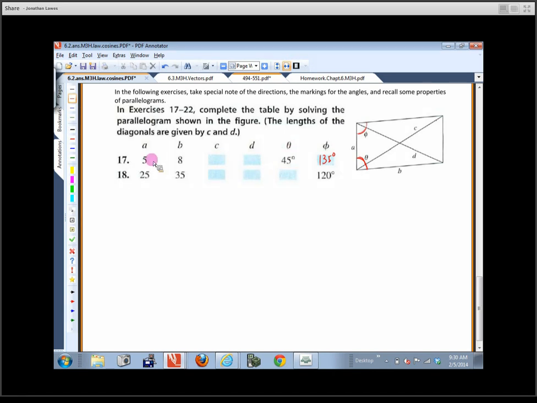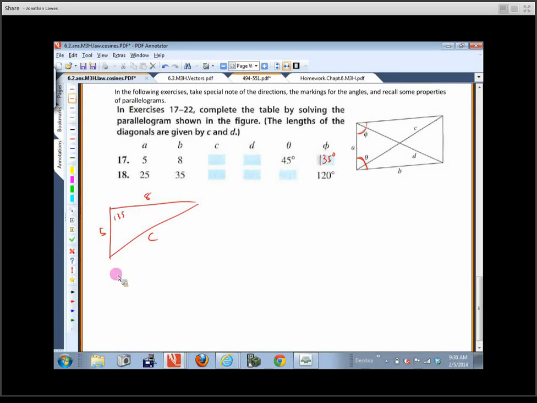So for 17, here's what I'm going to do. I'm going to draw that triangle right there. I'm going to mark phi as 135. I'm going to mark A as 5, and I'm going to mark B as 8. Can I figure out what C is? Absolutely, using the law of cosines, right?